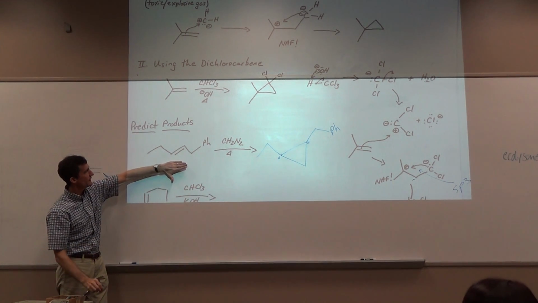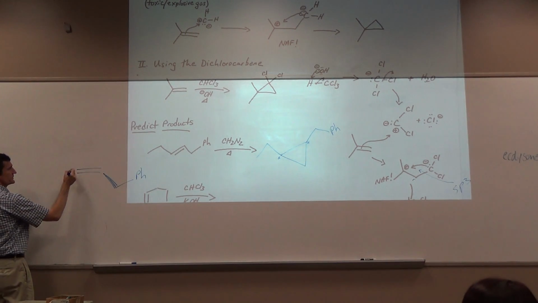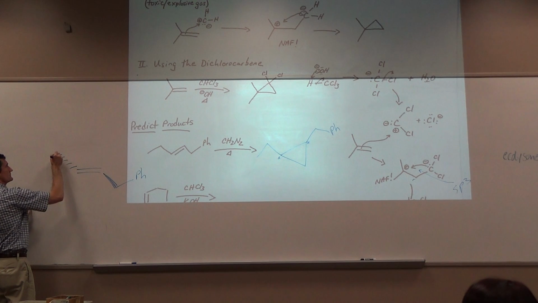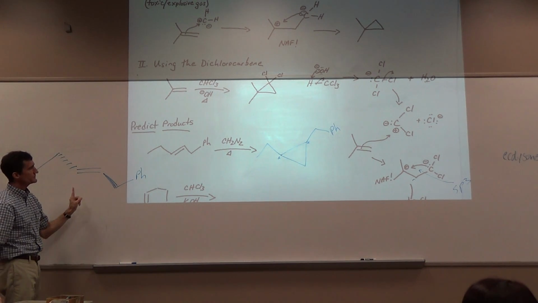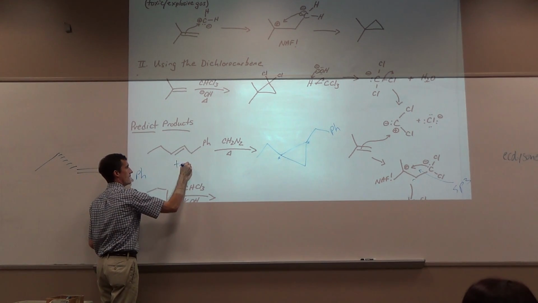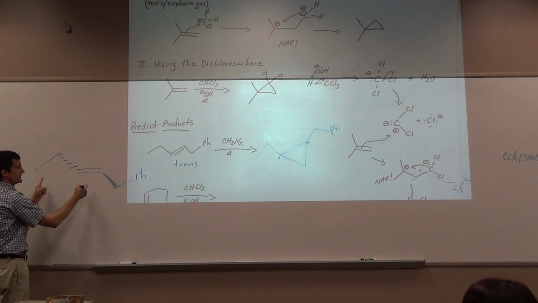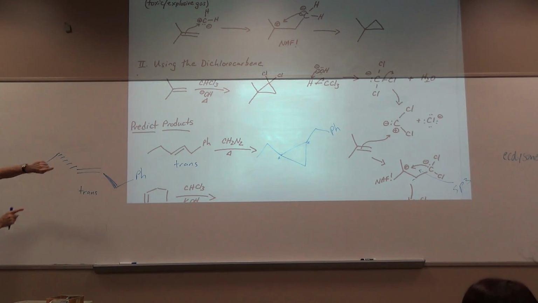I'm turning it like this. This is actually going to go back. All I did is turn this. Does everybody agree that this is trans about the double bond? Yeah, that's trans. It's still trans. I've just got it sort of on the board like this, trans. I've turned it. And so now trans is forward or back. It's the same thing. Same compound.